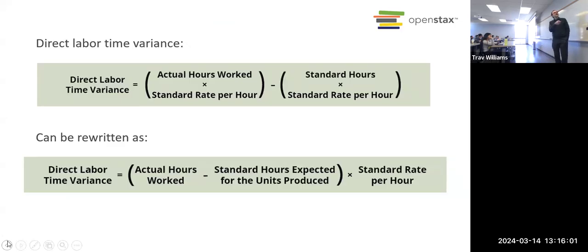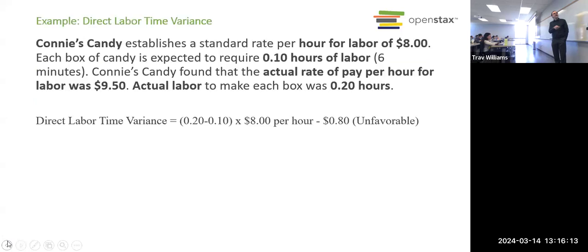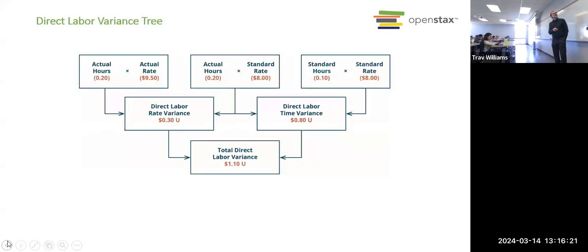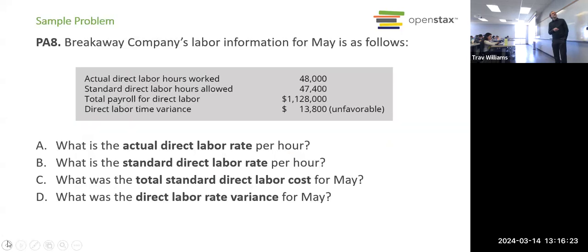Notice here it says the time variance, because that's how we measure the quantity of labor is in time. But it's the same idea, right? Just like the quantity variance for materials. And then we add them together to get our total variance. Okay. That's as far as we got.